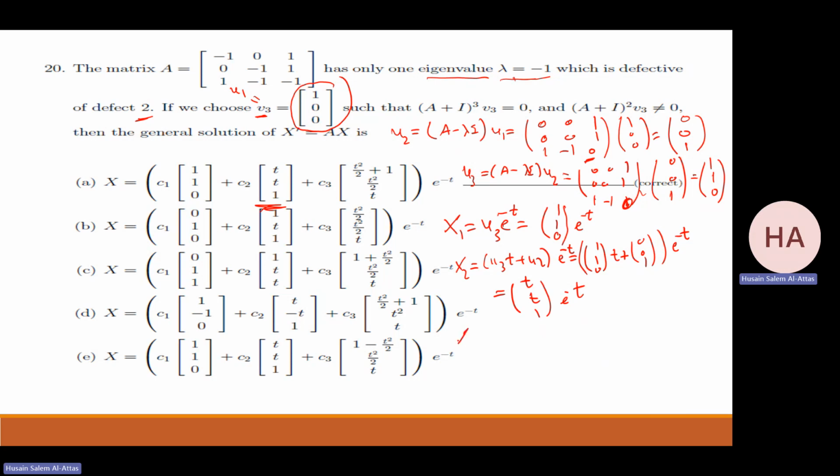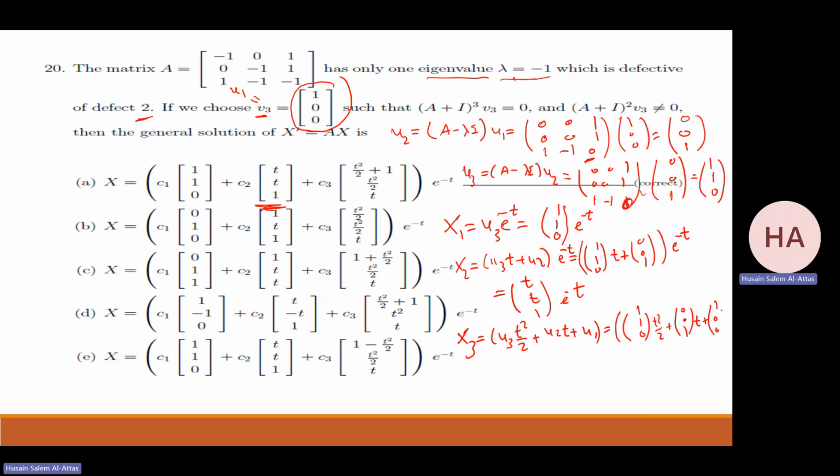Okay, x3 will be U3 t squared over 2. Don't forget the over 2. Plus U2 t plus U1. Yeah, be careful now. What will be the vector here? U3 is 1, 1, 0 t squared over 2 plus U2, which is 0, 0, 1 times t, and the last one, 1, 0, 0.